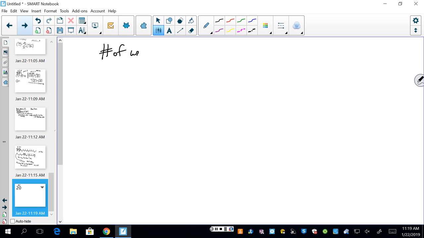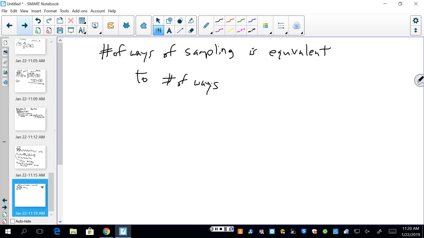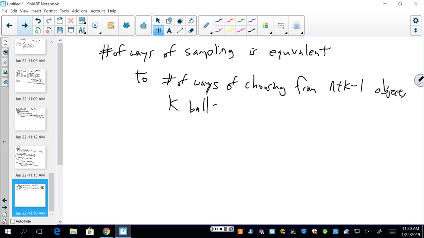The number of ways of sampling in this case is equivalent to the number of ways of choosing objects, k balls, and n minus 1 lines.